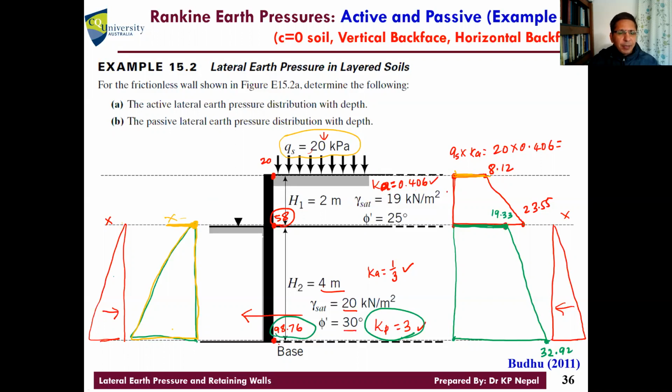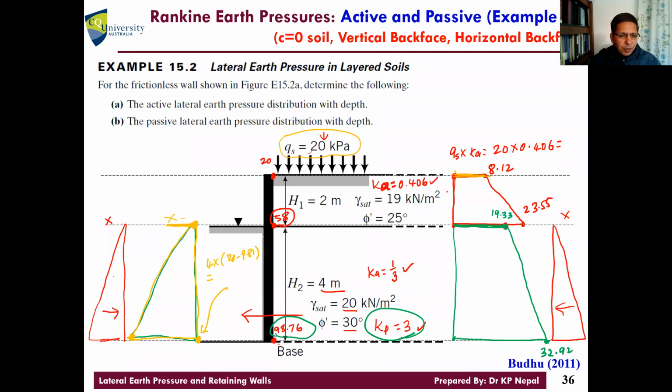So what will be the value now here? So how much is the vertical pressure at this point? Can you calculate vertical pressure only? So 4 times 20 minus 9.81, yeah? This is also soil, right? The same soil this side.